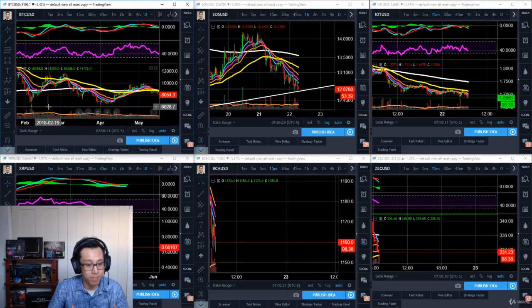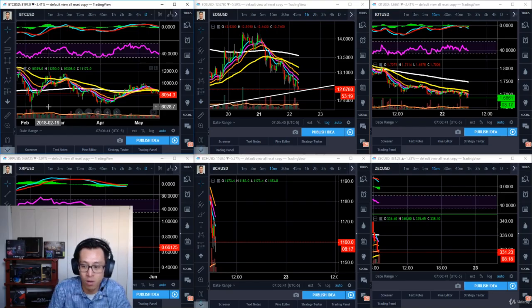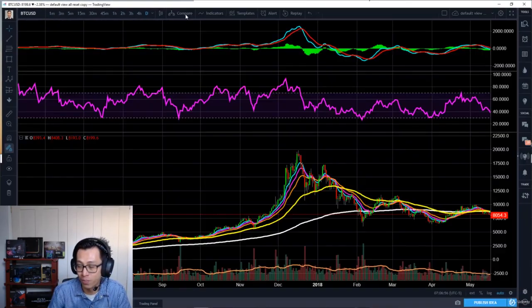It uses a mathematical formula, something like 100 minus 100 divided by 1 plus RS, where RS is equal to the relative gain in that specific time period divided by the relative loss in that time frame as well. So it's using a mathematical formula that doesn't actually lag whatsoever. It's definitely one of my favorite indicators to use overall, and there are many different ways to look at it as well. So let's go over a lot of these different rules that I've allocated for myself.